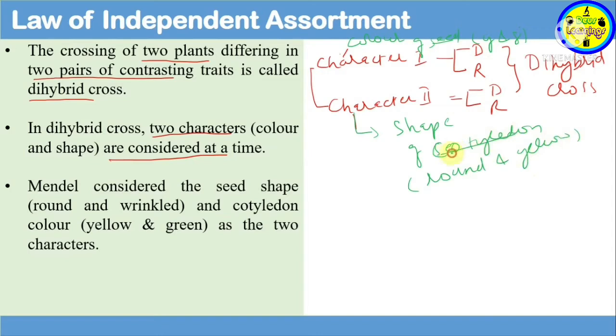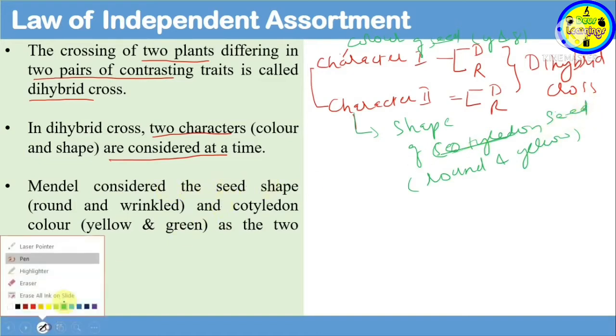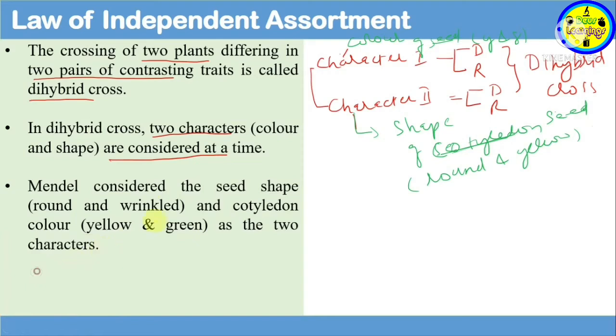Let's take it as shape of seed, because in the book it is given as seed. So the shape of the seed is round and wrinkled, and cotyledon color is yellow and green.